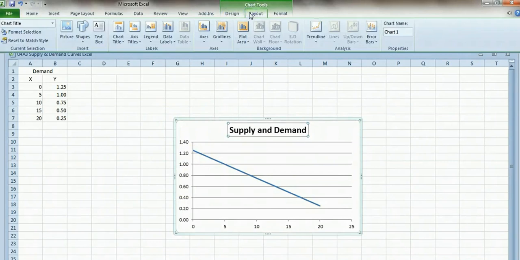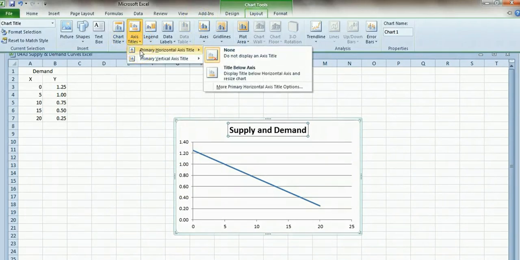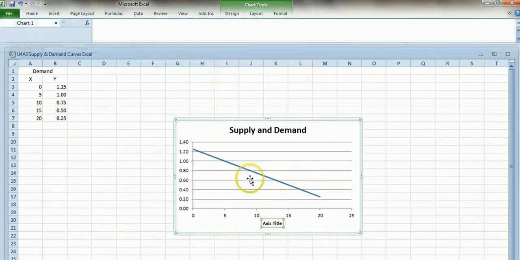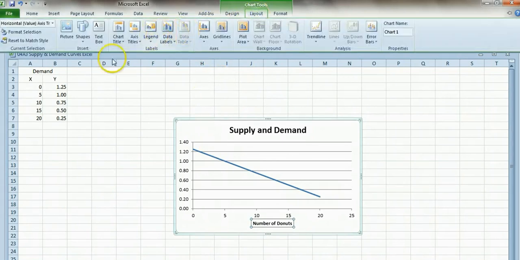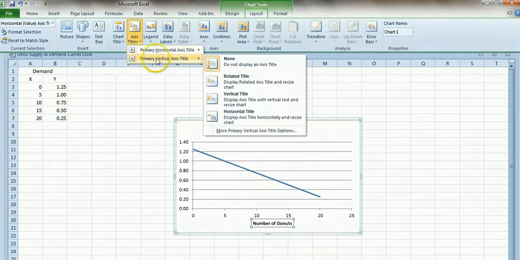Again, we're going to Layout, go to axis titles, and for our primary horizontal we're going to create a title below the axis, and we will call that number of donuts, and hit enter. That goes in, and then we also want to put in our vertical title, and that is going to be a rotated title.